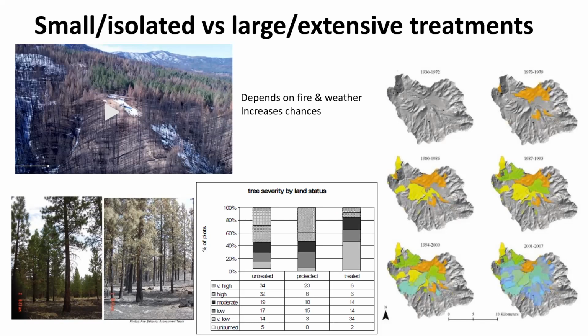But it is telling us that, well, for sure, those needles are going to fall and cover and protect the soil later, and the soil was not as heated. So it was a little better outcome, but there's no guarantees if it's huge. Depends on the fire. And the picture on the top, there's that patch there that's green, and I'm going to talk about that in a little bit here.